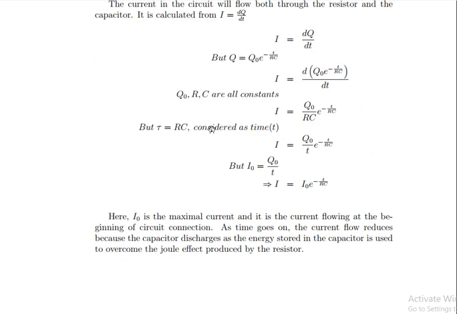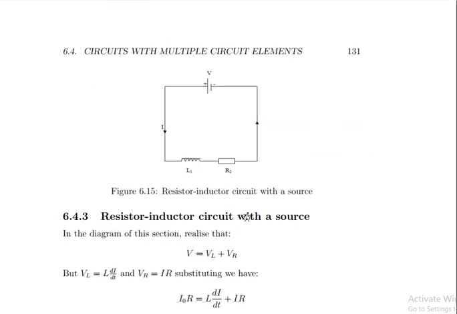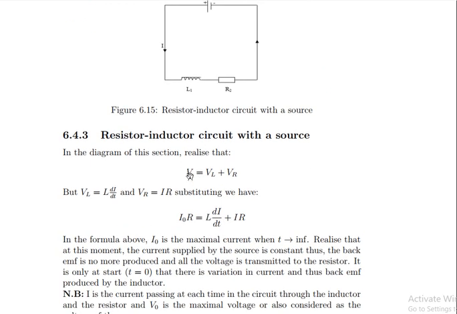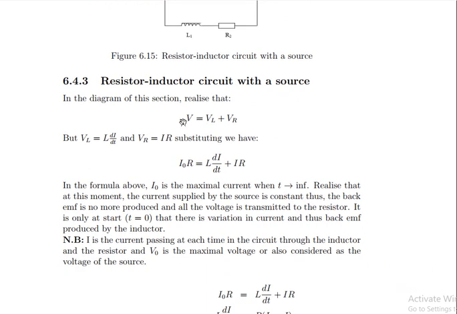So now the next part is going to be a resistor and an inductor in a circuit with a source. You have a resistor and an inductor with a source. Here V equals VL plus VR. We know that I0 is going to be the maximal current in the circuit when the inductor stops functioning.